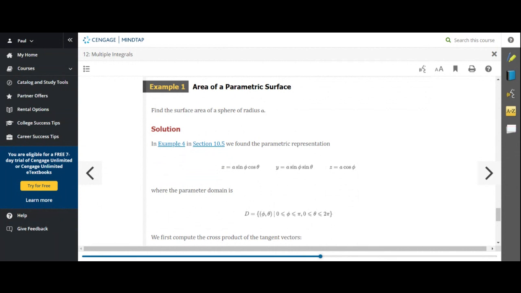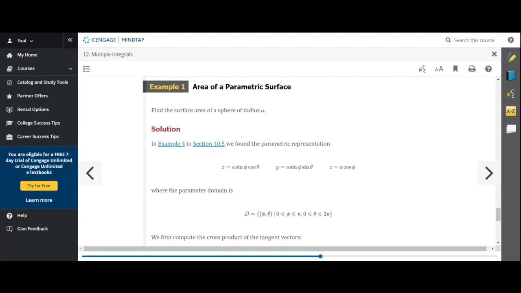In other words, if we take a vector r as a function of phi and theta, and we let those angles vary, phi would go between 0 and 180 degrees, and theta would go between 0 and 360 degrees.